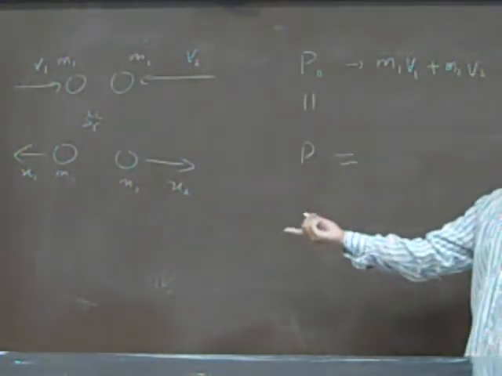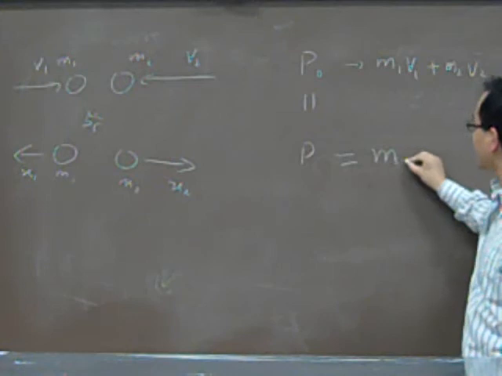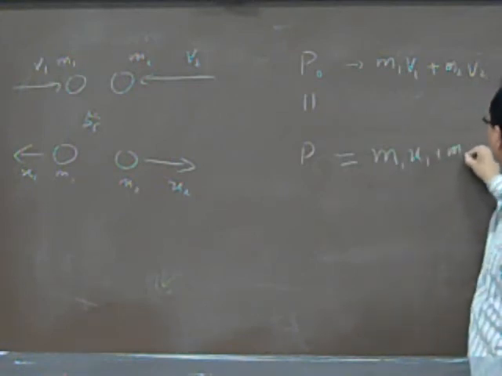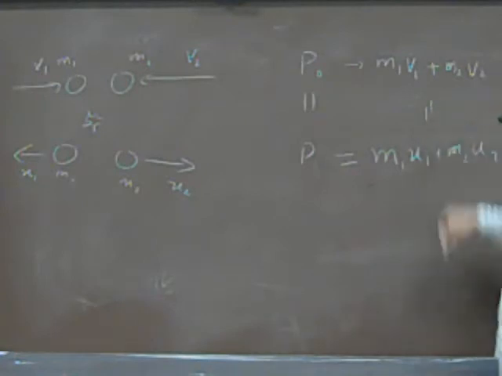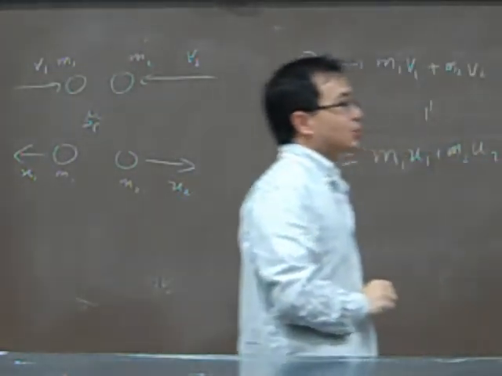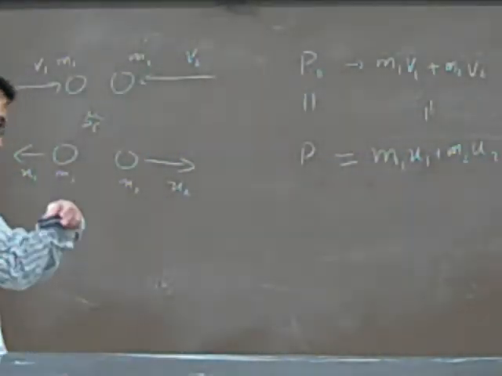Final momentum again is composed of two terms, m1 u1 plus m2 u2. So the momentum conservation, if you equate the two, gives you m1 v1 plus m2 v2 equals m1 u1 plus m2 u2. Okay. So that's the one-dimensional momentum conservation equation.